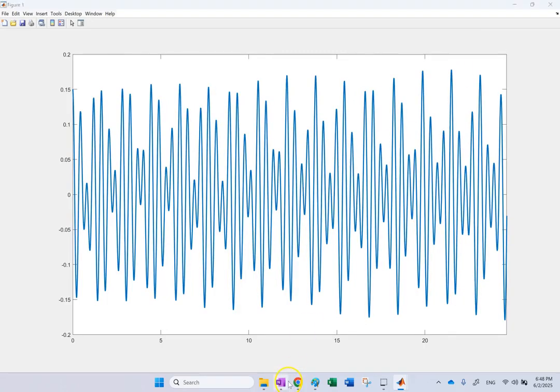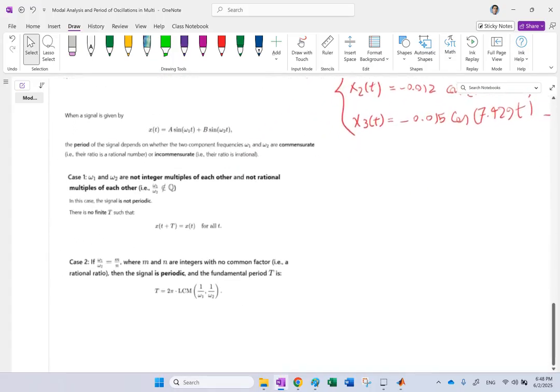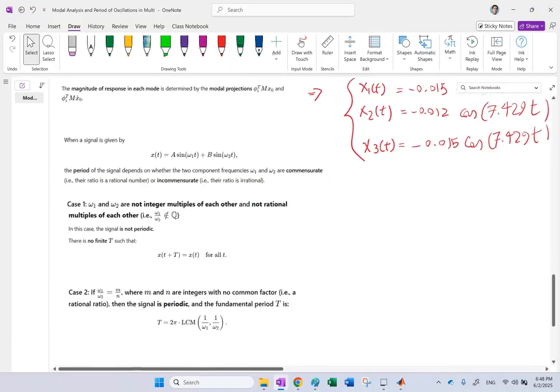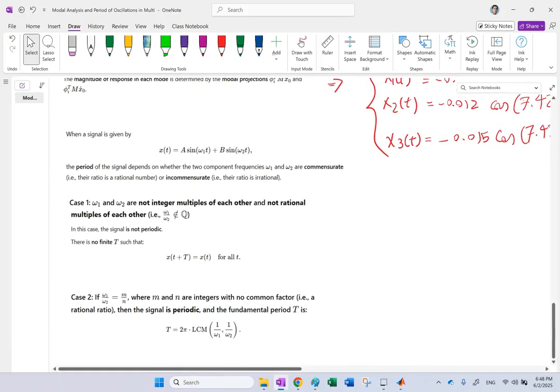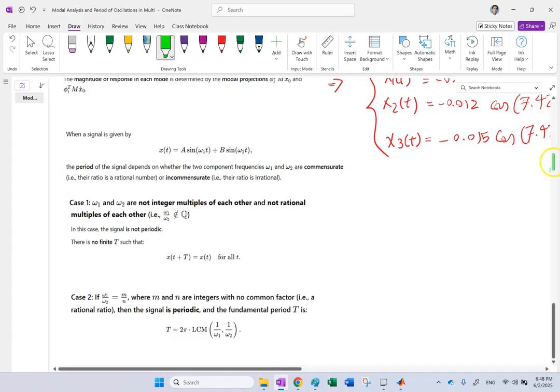Okay. So for that, I need to tell you a little bit of theory about this, and then we come back and revisit this problem. So in general, and here we're just going to look at 2 harmonics instead of 3, we look at a simpler case. So if any response in any system has 2 harmonics, like A sine omega 1t plus B sine omega 2t, or they could be cosine, it doesn't matter. And omega 1 and omega 2 are the 2 frequencies in the response.